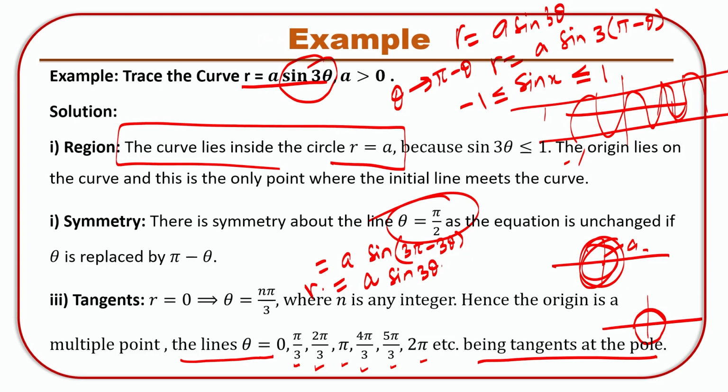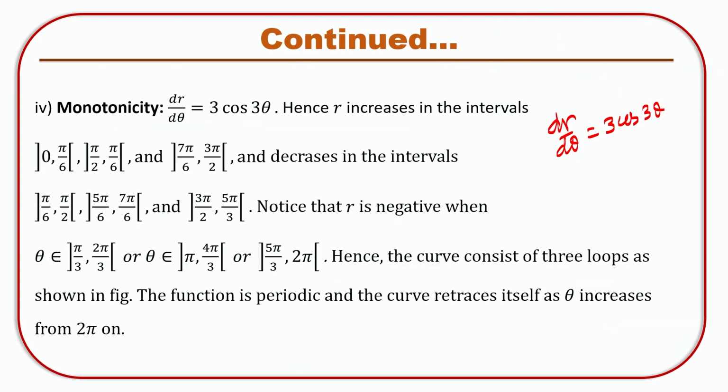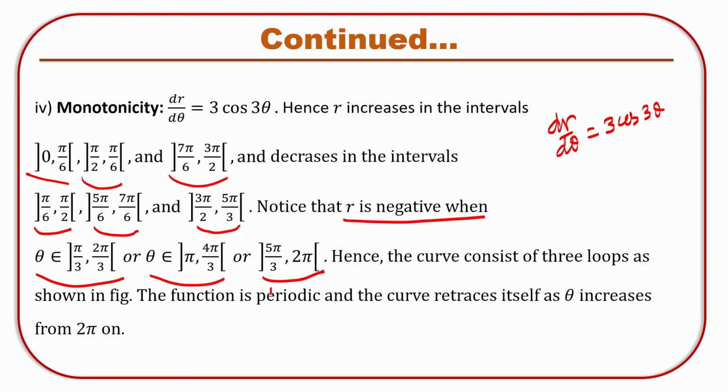Taking the value a equal to this one, r increases in the intervals 0 to pi by 6, pi by 2 to 5 pi by 6 and 7 pi by 6 to 3 pi by 2, and decreases in the intervals pi by 6 to pi by 2, 5 pi by 6 to 7 pi by 6 and 3 pi by 2 to 5 pi by 3. Notice that r is negative when theta belongs to pi by 3 to 2 pi by 3, or pi to 4 pi by 3, or 5 pi by 3 to 2 pi, right.